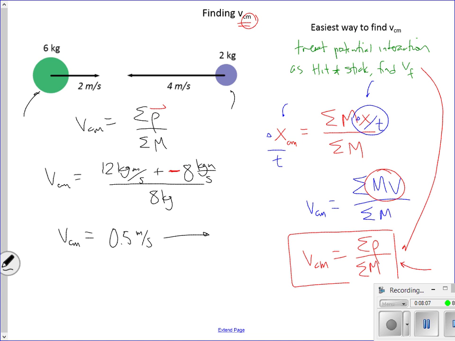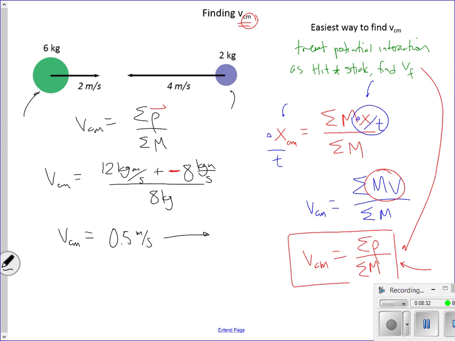So it says that this system has a center of mass velocity of half a meter per second to the right. And it also says that no matter what happens later, or at any other instant, as long as these are the two objects that are interacting, and there's no other interactions that take place, this two-mass system will have that center of mass velocity.